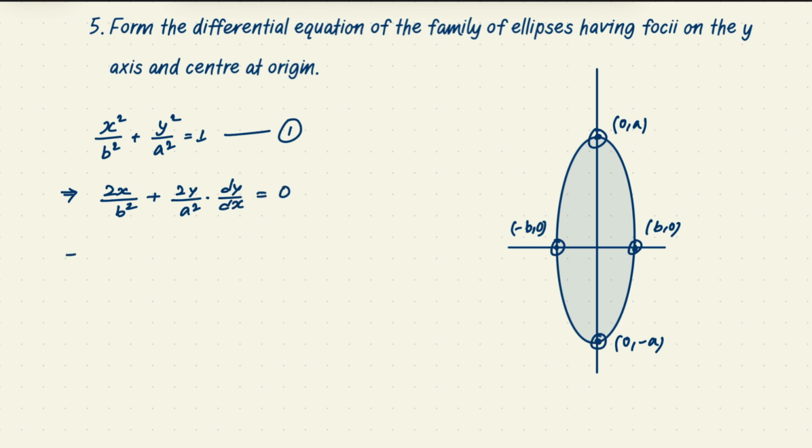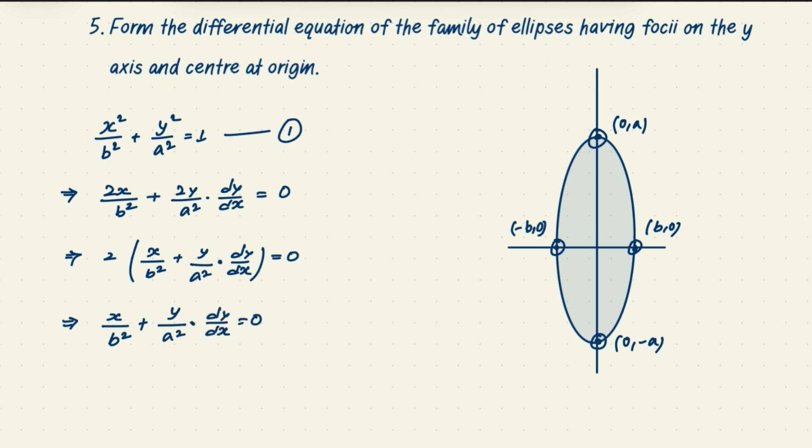Let us take out 2 common, then we will have x by b square plus y by a square into dy over dx equals 0. Dividing both sides by 2, we will have x by b square plus y by a square into dy over dx equals 0, and let this be my equation 2.